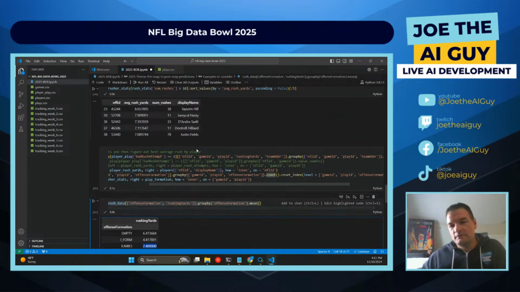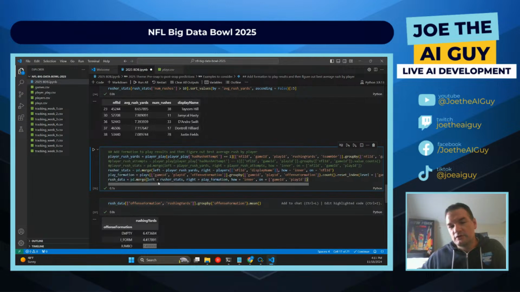And now that we did this for rushing, we need to do a very similar thing on the pass attempts.